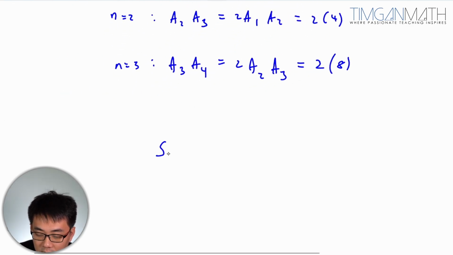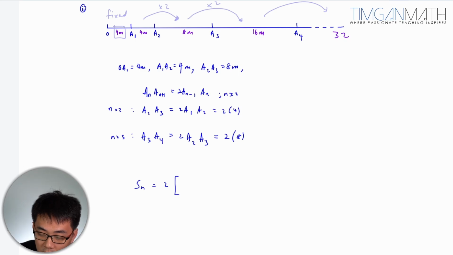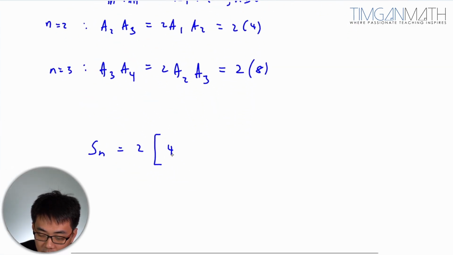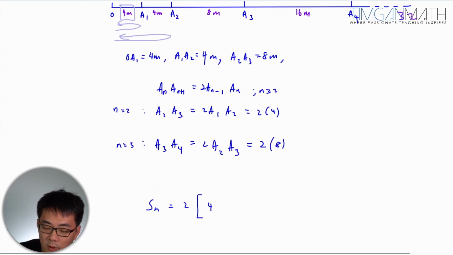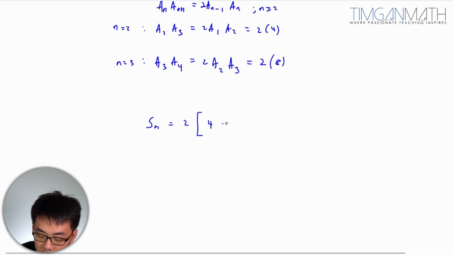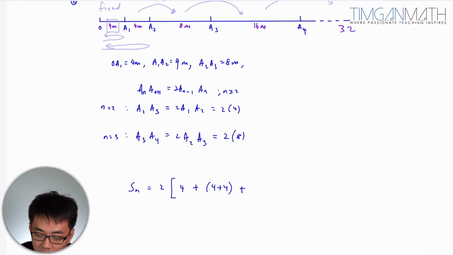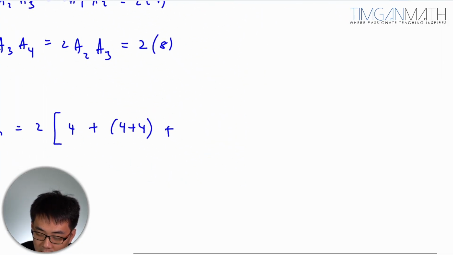For n stages, every time it will just multiply by 2. The first one will be twice times 4, because you run a complete round like that. Then the second one is 4 plus 4. Then subsequently, this will be 4 plus 4 plus 8.